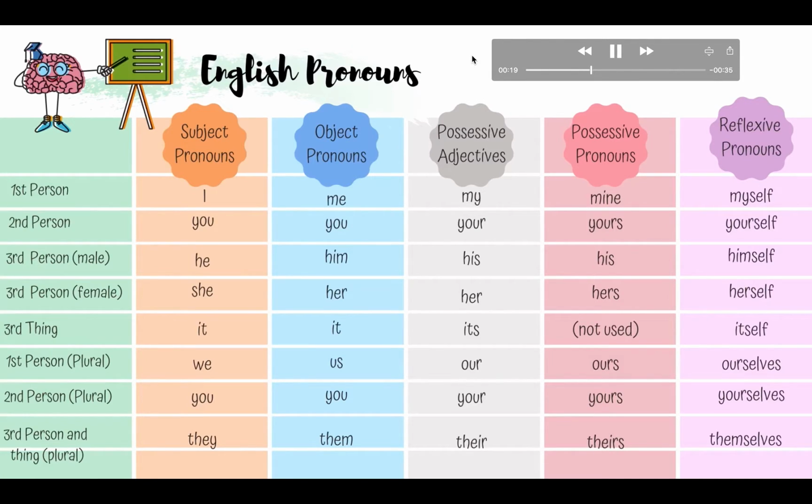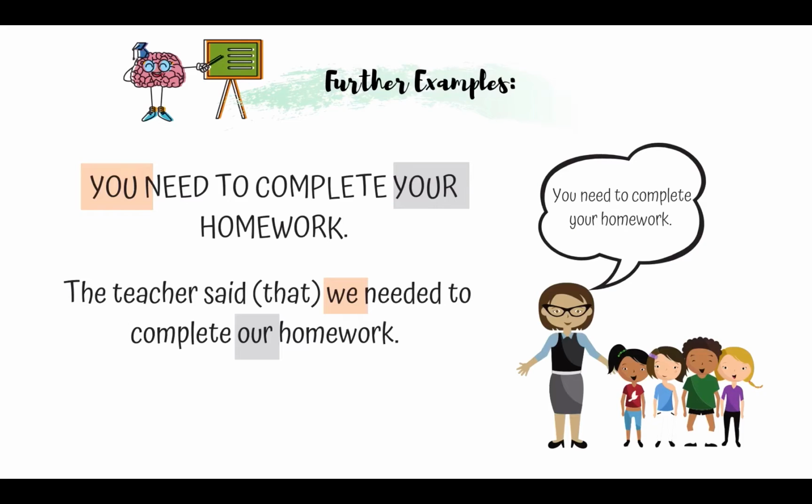Okay, so we're going to move on and look further into more examples. So here you have a teacher: "You need to complete your homework." So this teacher is saying directly, using direct speech, to these children, this sentence. How do we transform this into a reported statement?